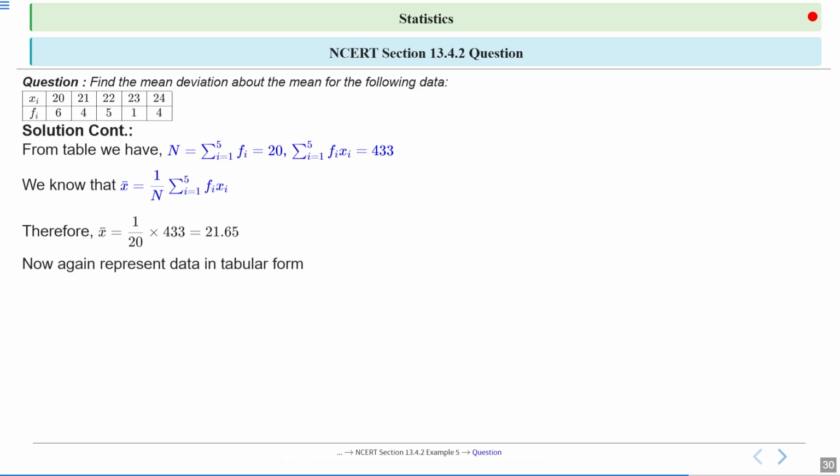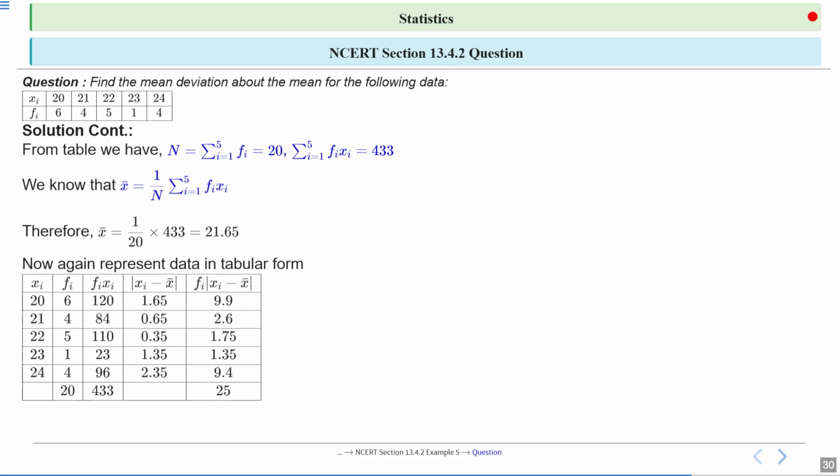Now again, represent data in tabular form. So in this tabular form, here we calculated the values of absolute deviations from the mean, mod of x_i minus x bar, and we calculated the product of f_i and mod of x_i minus x bar. Okay.